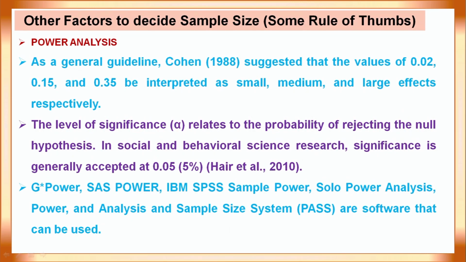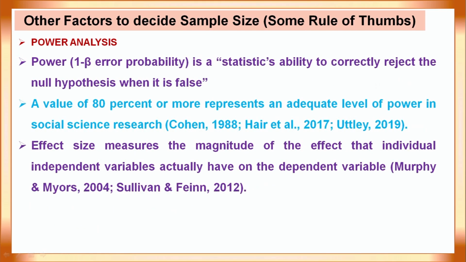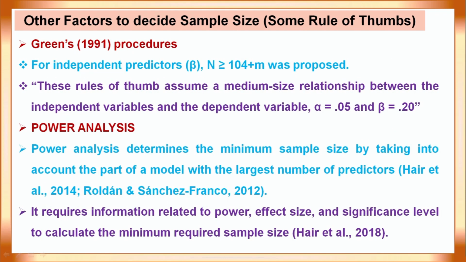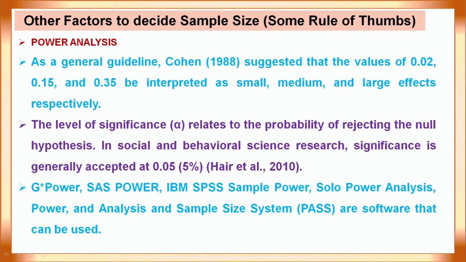You can go to the console of G*Power and, as I already told, you can fix the beta level, the power of the test, and the level of significance you want. You can fix the effect size you want for the study, like 0.02, 0.15, 0.35, and then you can put all those values there. You have to give the population size, then you can come out with a suitable sample size by using this particular software.